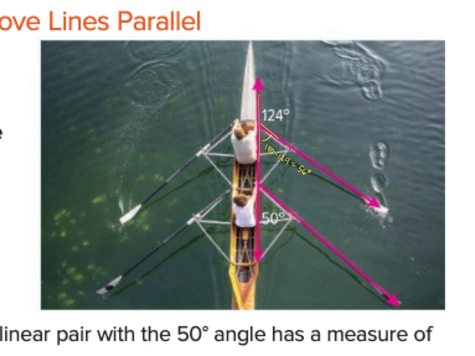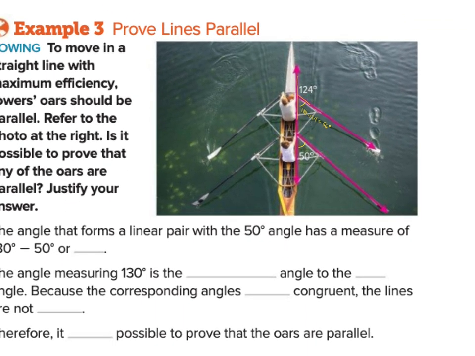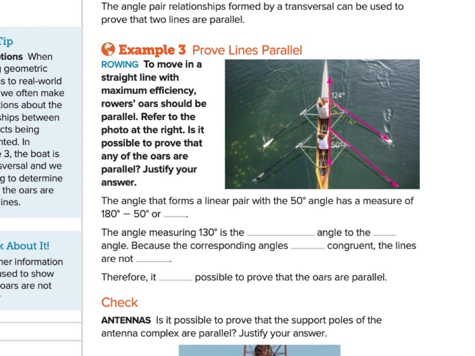Now, if these were two lines cut by a transversal, then this angle measurement right here corresponds to this angle right here. Well, if they were parallel lines, this should also be equal to 56 degrees. And it's not. It's 50 degrees. So the oars are not parallel right now. They did it the other way, and they said this is 130 degrees.